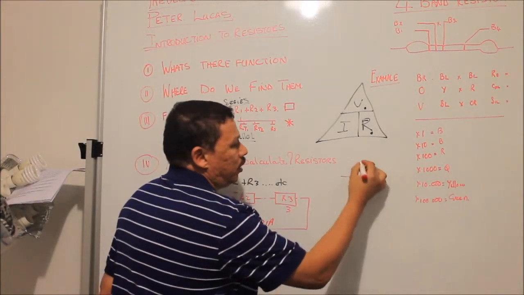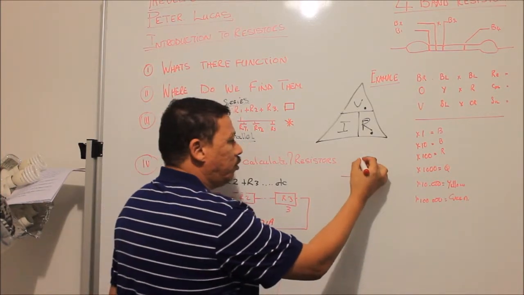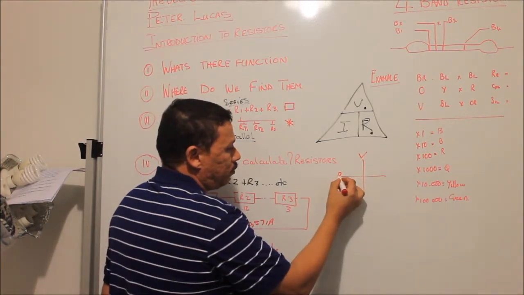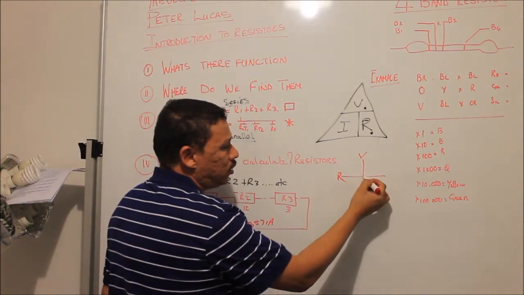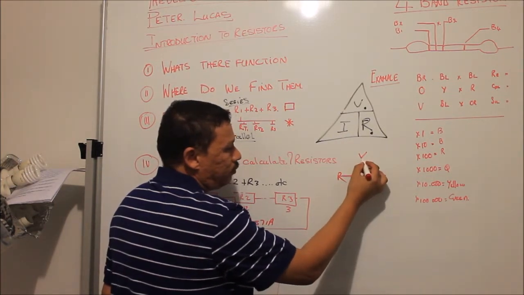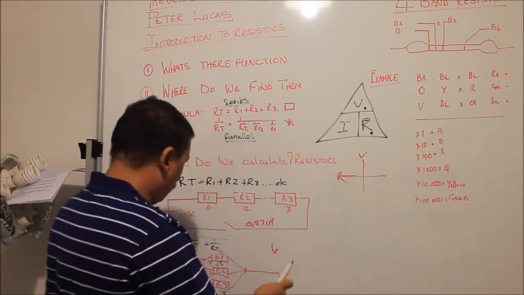If we draw a simple little circuit here, let's say voltage and resistor. Lower voltage, lower resistance, a higher voltage.